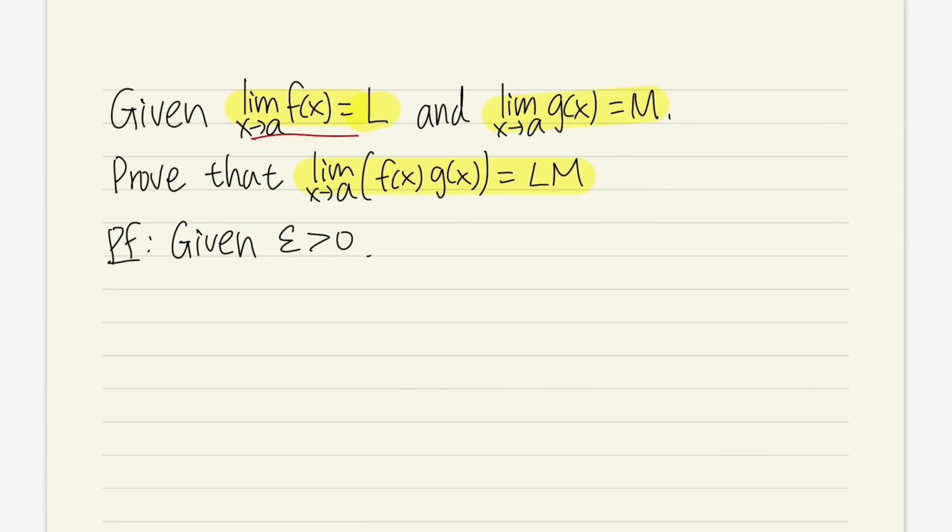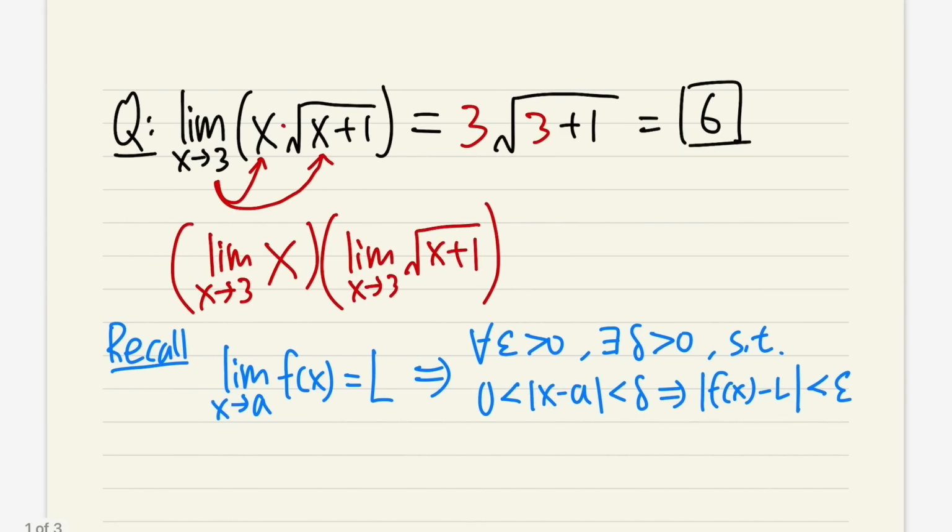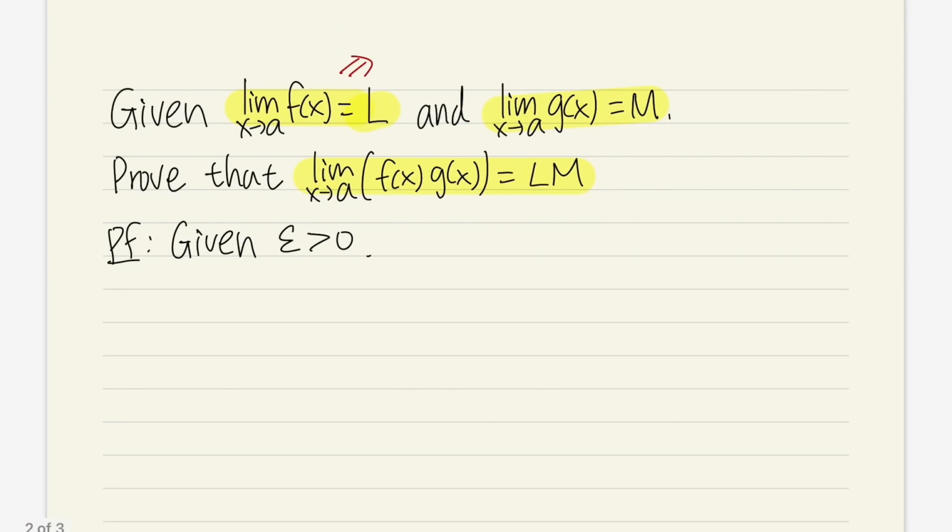Well, we see that we have this. The limit as x approaching a, f of x is equal to L. And if you go through the definition, just like this right here, you'll see that at the end, we have something like this. So I'm going to tell you, we are going to end up with the absolute value of f of x minus L is less than something, epsilon one not, all right?